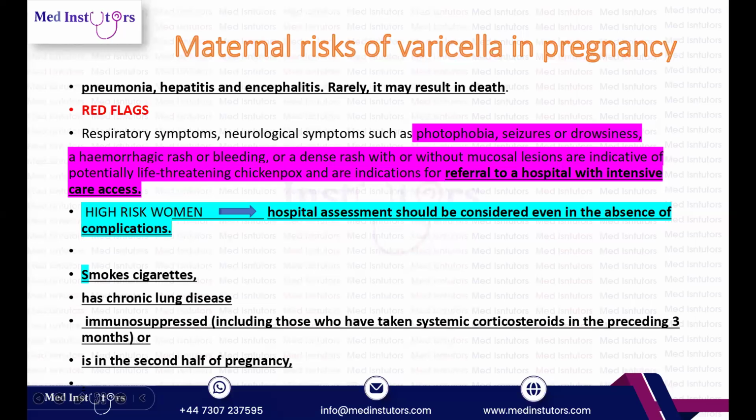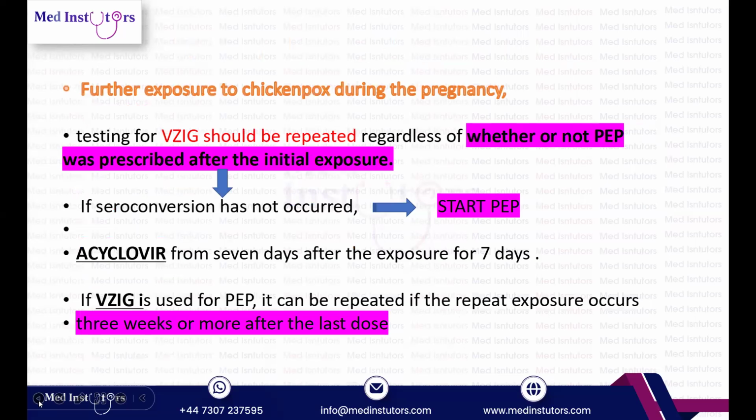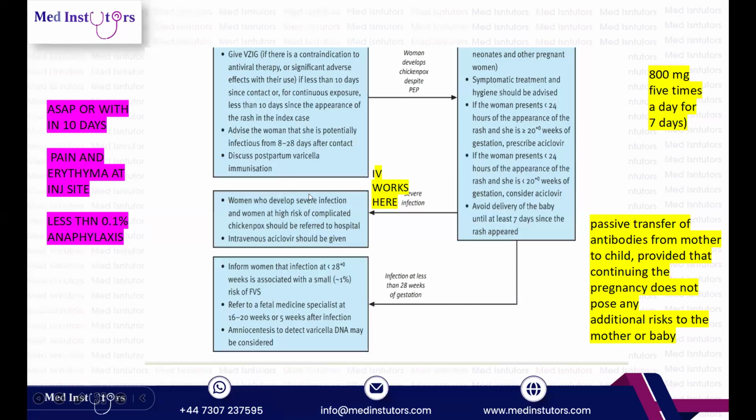If we go back, I told you a woman who developed severe infection: these were the signs of severe infection, pneumonia, encephalitis, and dense rashes. That is a severe infection.